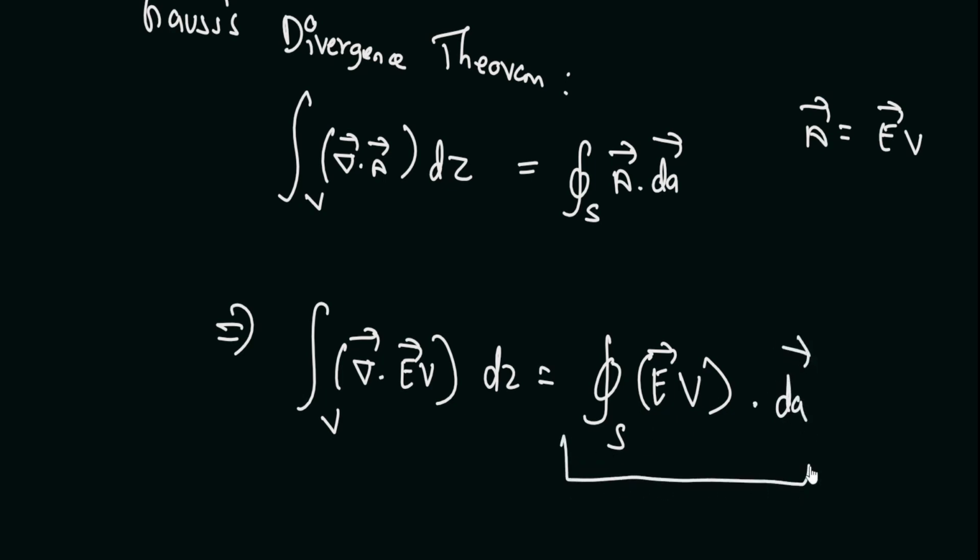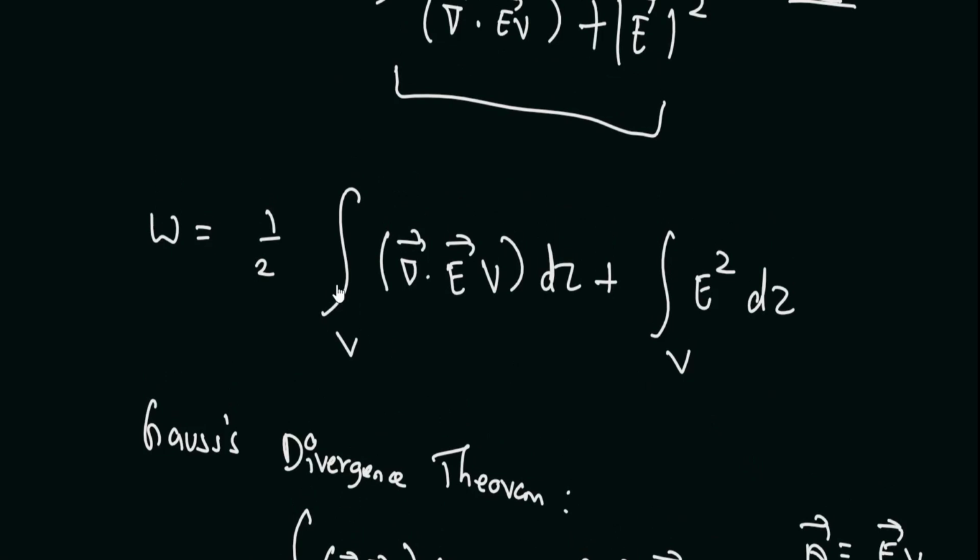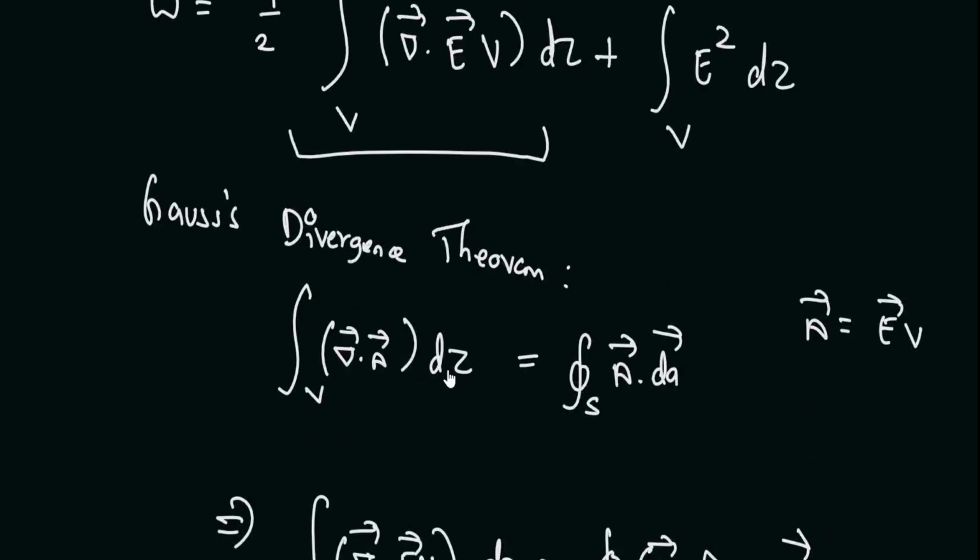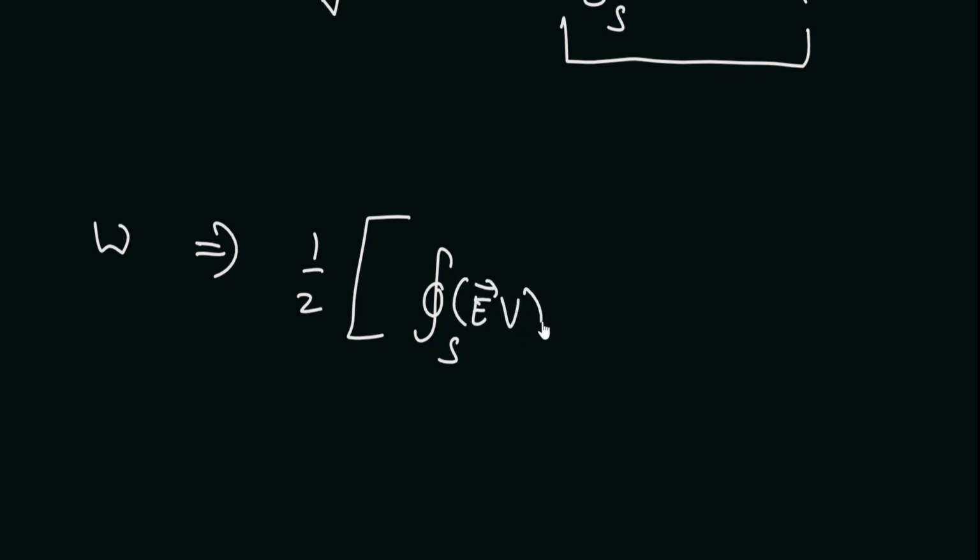Now we will substitute this over here. So again work done will be equal to half the closed surface integral of electric field times V dot dA, plus the volume integral of the magnitude of electric field, the whole square, dτ.